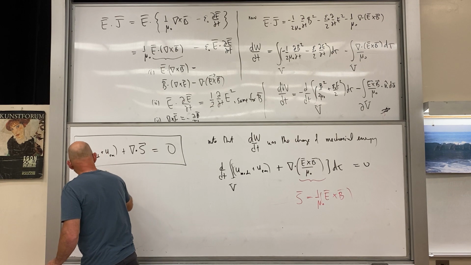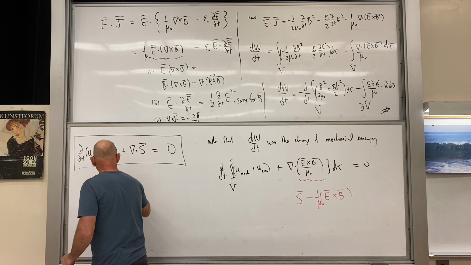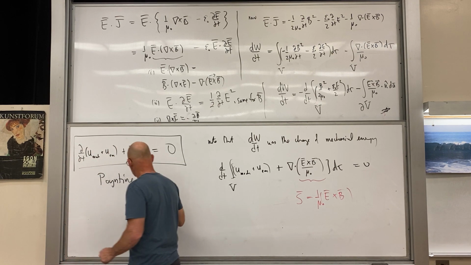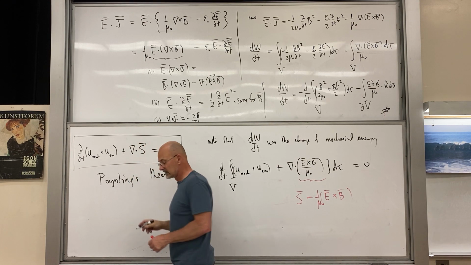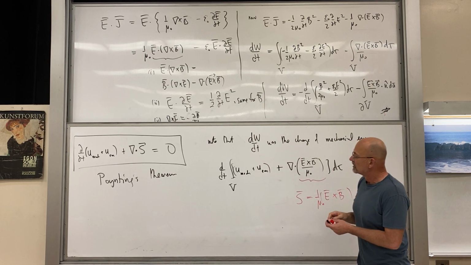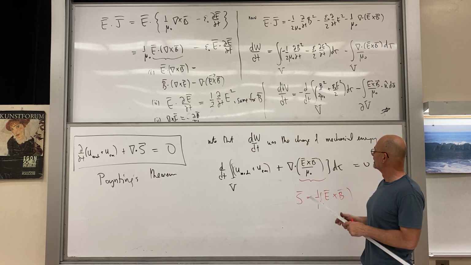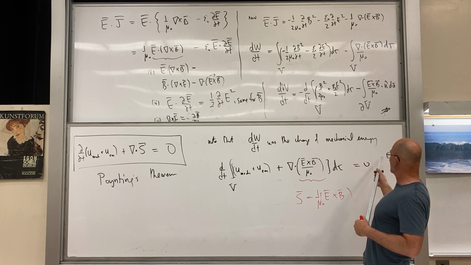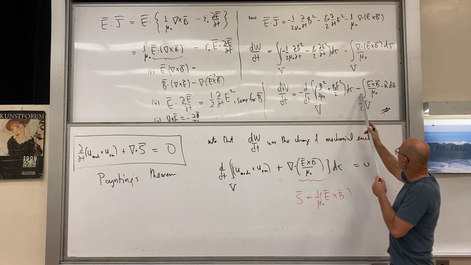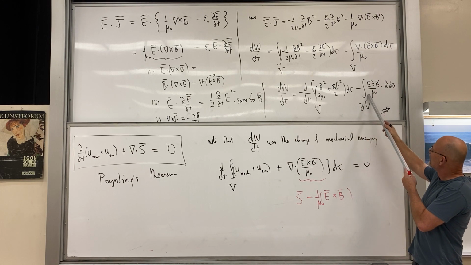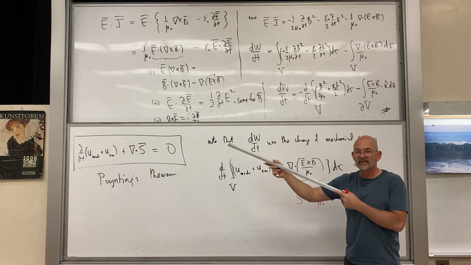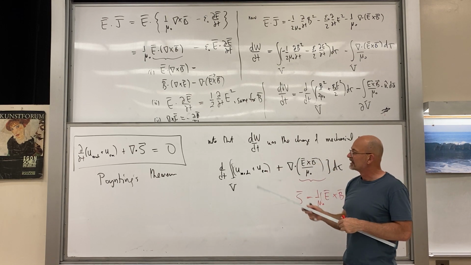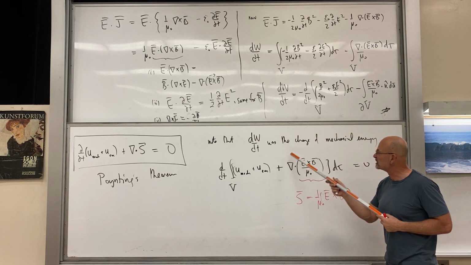That's Poynting's theorem. Up here, we saw this as a flux. So there's a flux through the surface of the volume. It's really the same as another continuity equation. This is a continuity equation for energy.